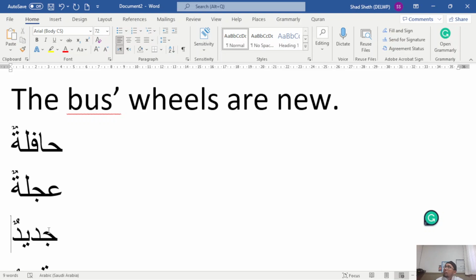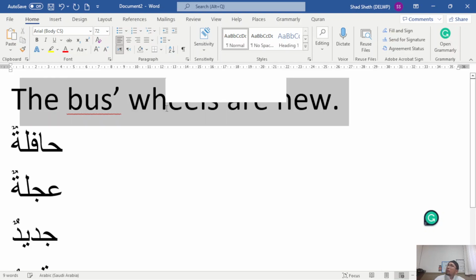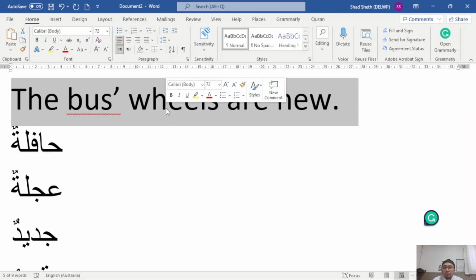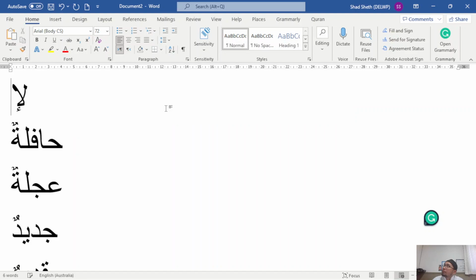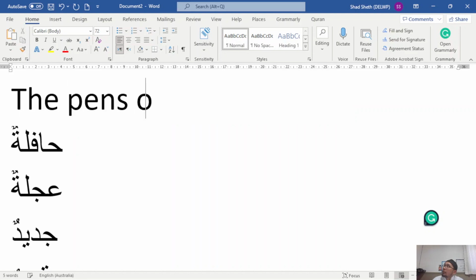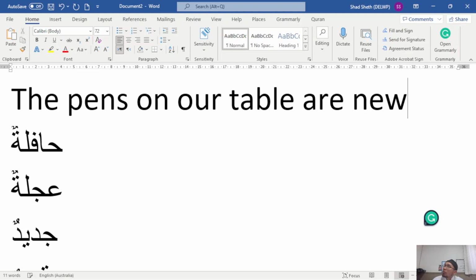The pens on our table are new. Can we do that?